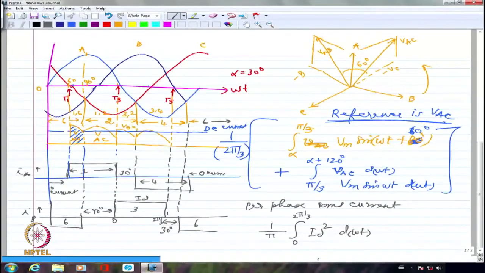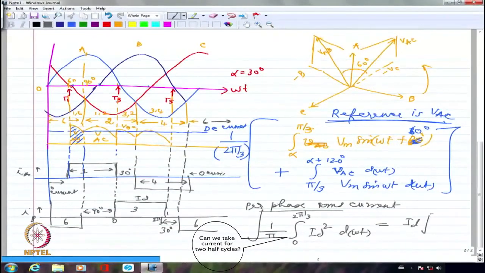I'm trying to calculate the RMS current. Positive and negative halves are exactly symmetrical, so it is sufficient if I do it only for half a cycle. And I have to take a square root, that's it. So this will come out to be ID into root of 2 by 3, so root of 2 by 3 times ID.